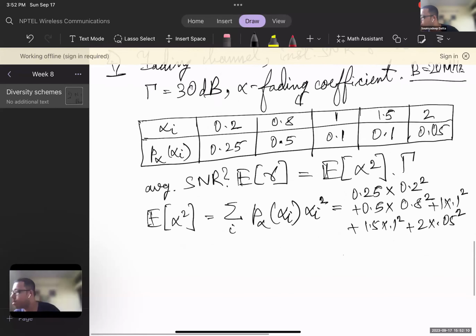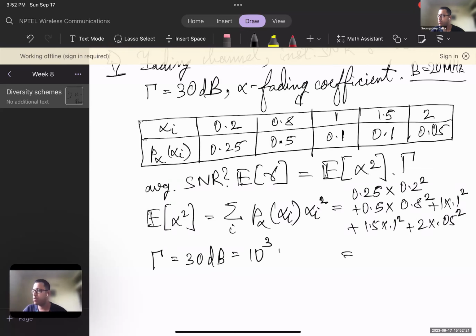You have to calculate this value, and capital gamma is given to be 30 dB. In linear scale, this will be 10 to the power 3. dB is unitless actually. Somebody can tell me the answer, I can confirm it.